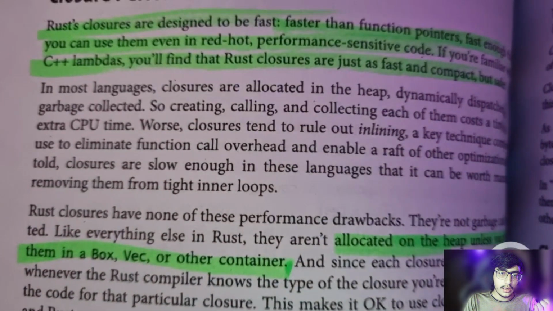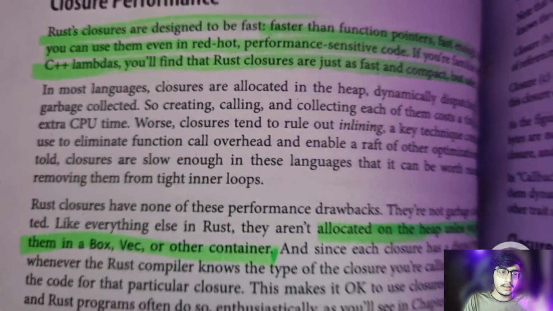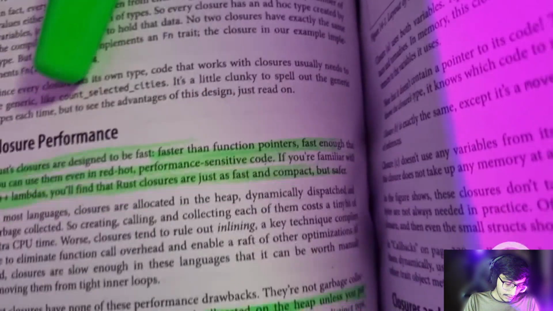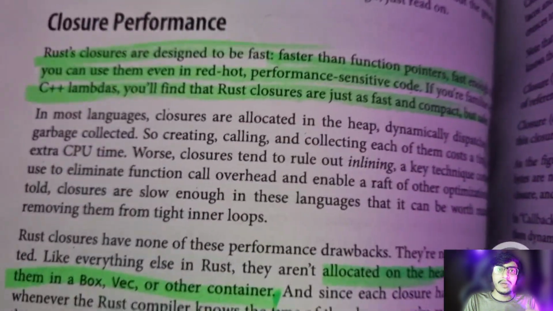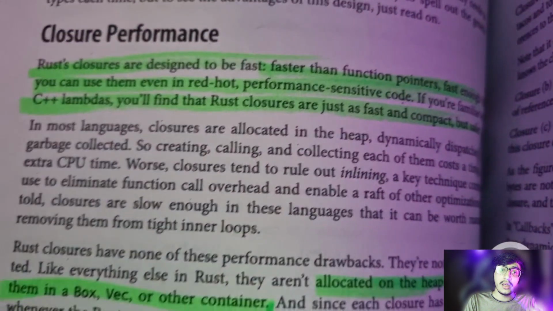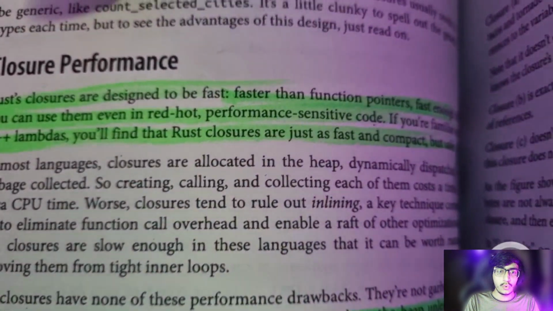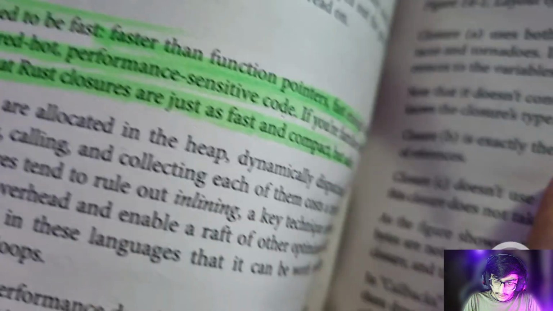So a closure will not by itself be allocated to the heap until we ourselves allocate it to the heap or in the memory.